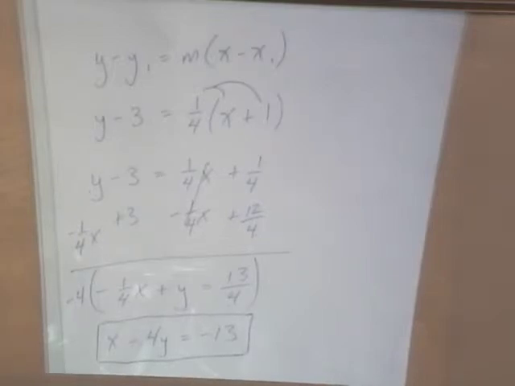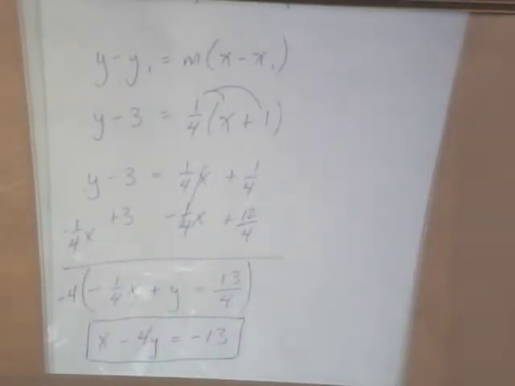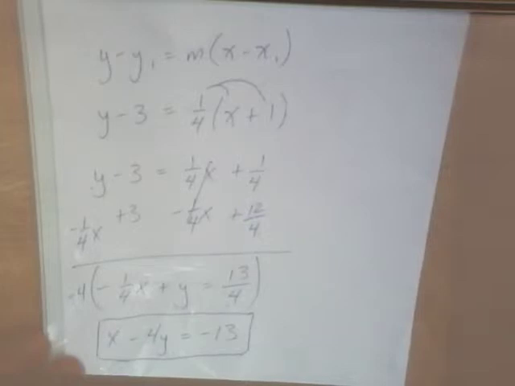Questions? Yes. Couldn't you have just gotten rid of the fraction in the middle, at y minus 3 equals 1/4 x plus 1/4? Could you have just gotten rid of the fraction there? I could have multiplied at that point times 4. That'll work. Yeah, sure. Any other questions?